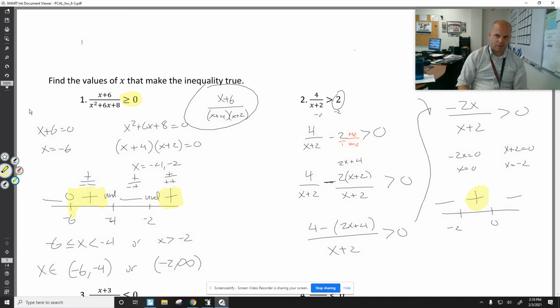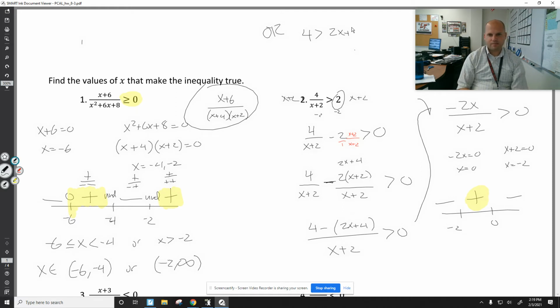Now let's see if we can do this a different way. Or, and I'm not going to show you the interval, what if you try to solve it like this? How do I get that? Well, I can multiply both sides by x plus 2, and I get 4 is greater than 2x plus 2 plus 2, 2x plus 4.